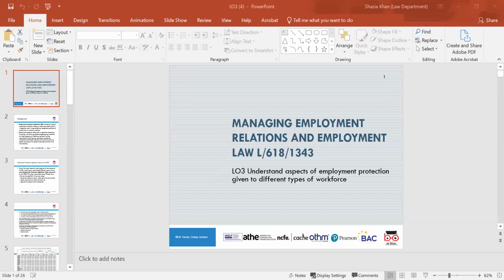We then went on to what the Sex Discrimination Act prohibits, things like discrimination on the grounds of sex, marital status, and the fact that someone has undergone or is intended to undergo gender reassignment. We then went on to look at sexual harassment.